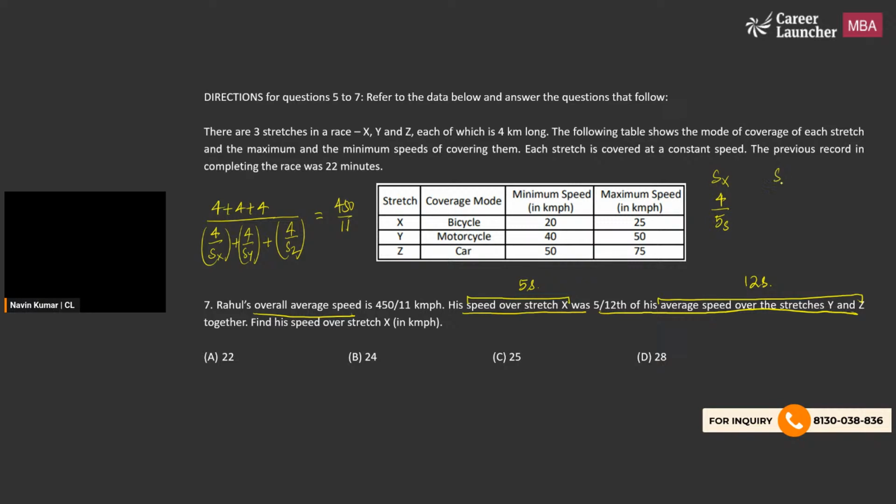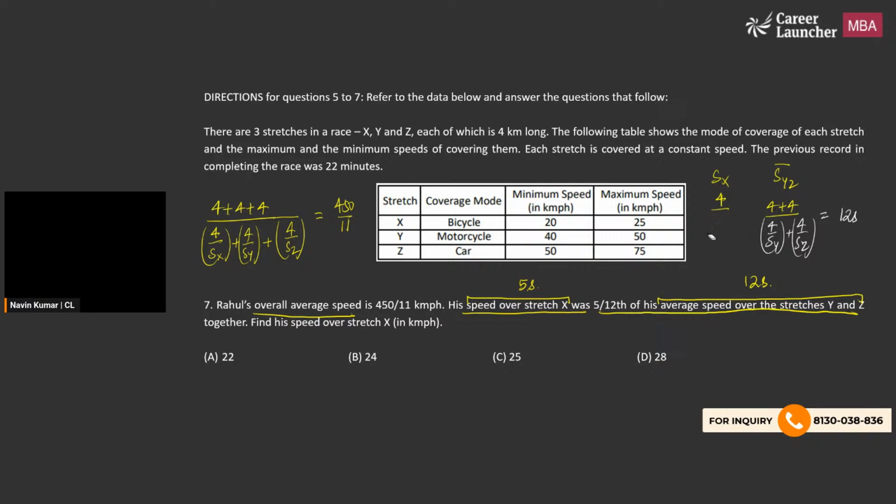And the average speed over Y and Z is going to be 4 plus 4 divided by 4 by speed on Y plus 4 divided by speed on Z. And this is going to be 12s.